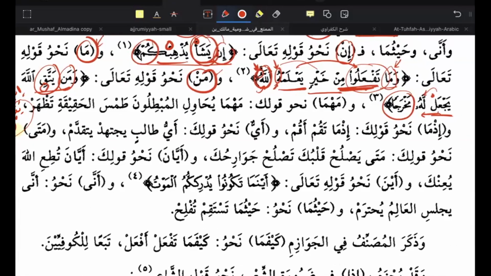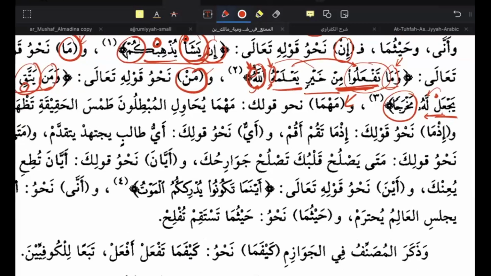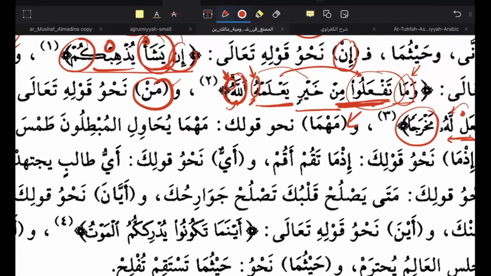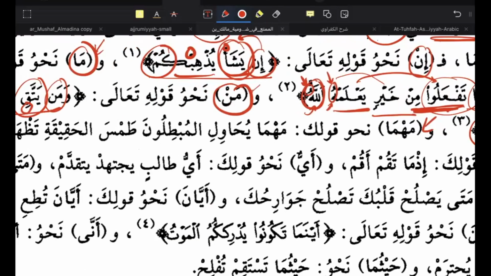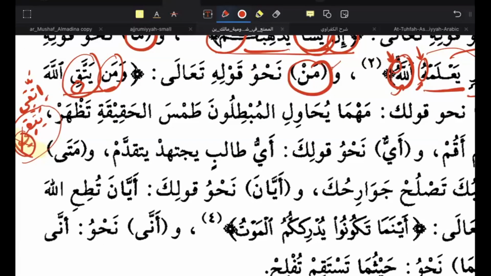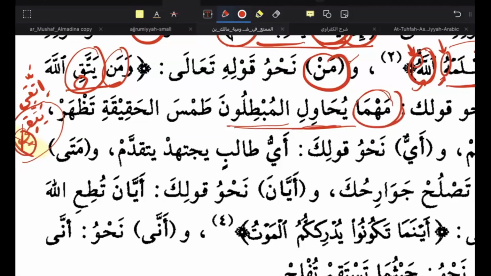Mahma. There is a dispute about mahma, but the correct opinion is that it is ism. Mahma means whatsoever. Whatever you do, mahma kan, whatever it was, something will happen. Let me read this one: mahma yuhawil al-mubtiluna tams al-haqiqati tadhhar. Whatever this wrongdoer tries to cover the truth.